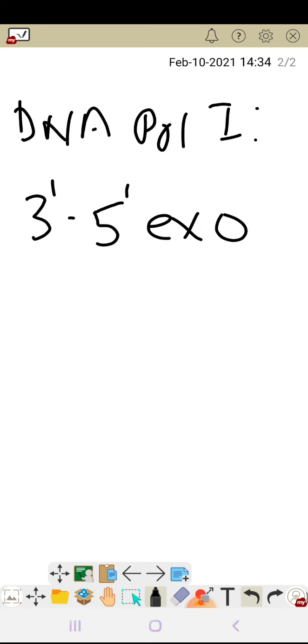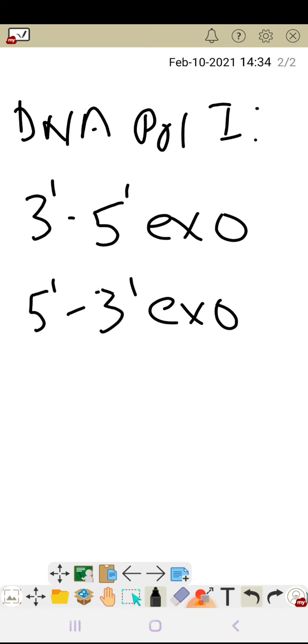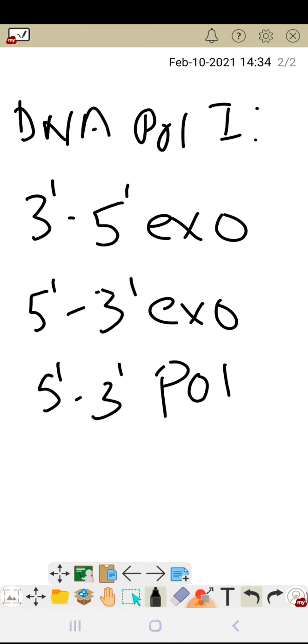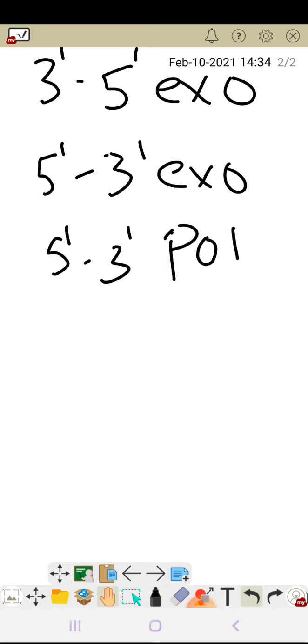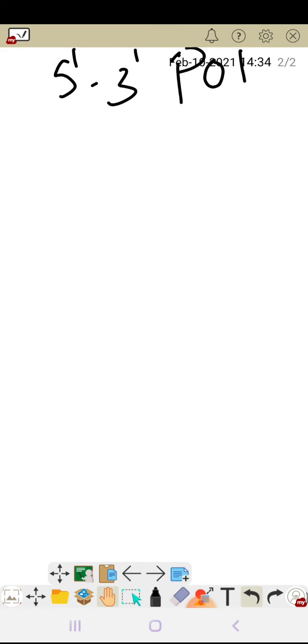3' to 5' exonuclease activity, then 5' to 3' exonuclease activity, and 5' to 3' polymerase activity. Now, what do we mean by 5' to 3' exonuclease activity?